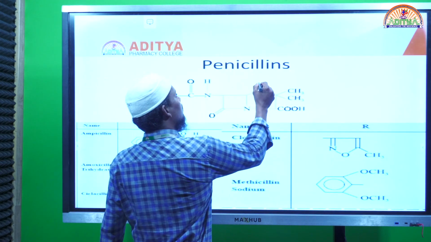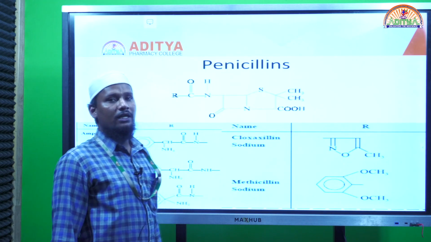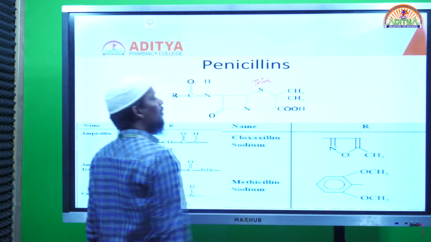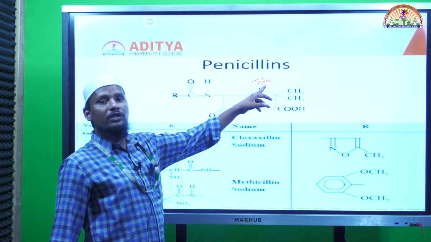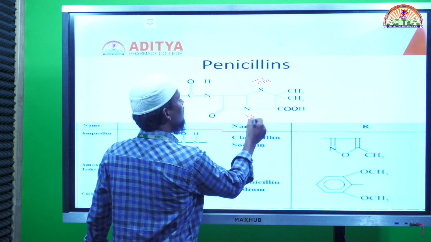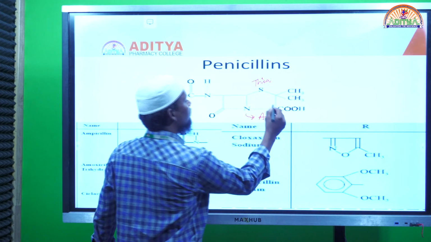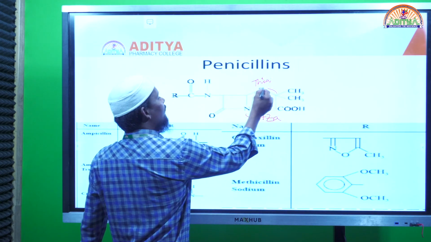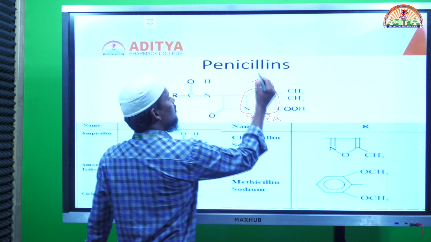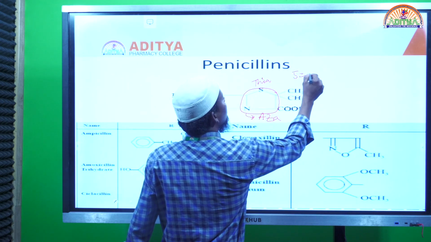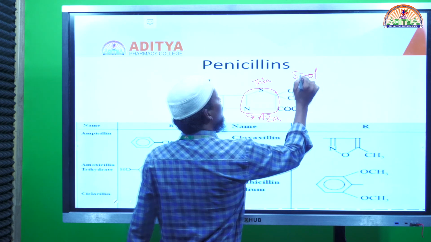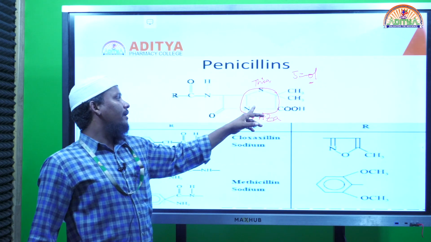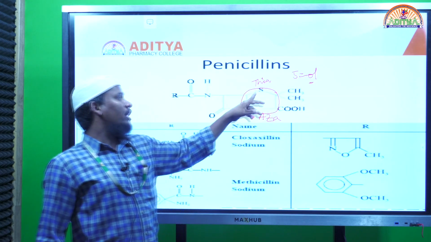According to heterocyclic nomenclature, sulfur, S, is called thia, and nitrogen is called aza, and the 5-membered ring is called ole. So this is S thia, N aza, and the 5-membered ring ole. So thiazole, this one is the thiazole ring.